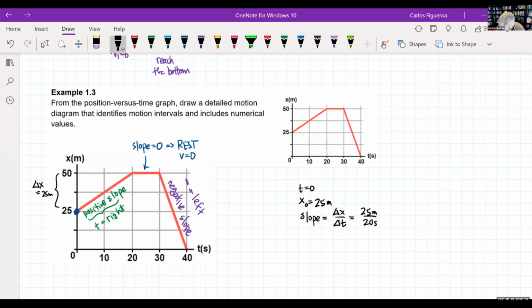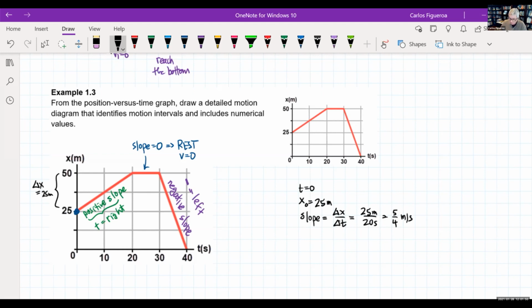So of course, then I have a 5/4 meters per second slope. So this object is moving at what speed? 1.25 meters per second, here.